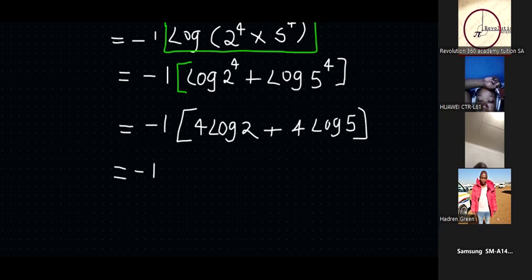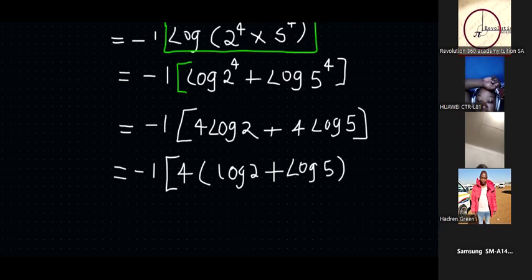I think that's going to be 4, open bracket, then you're left with log 2 plus log 5. Then let's see. -1 times 4 is -4, open bracket log 2 plus log 5.